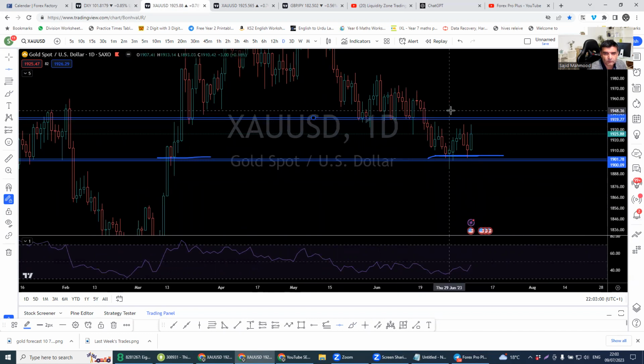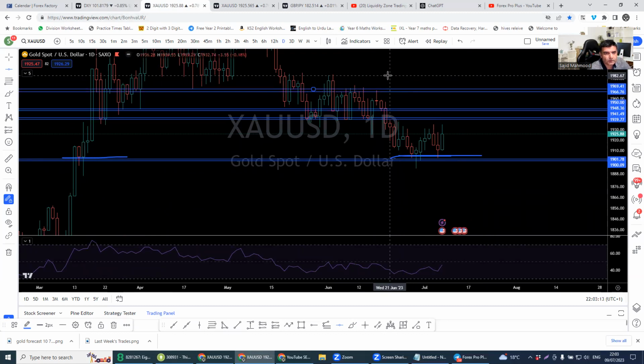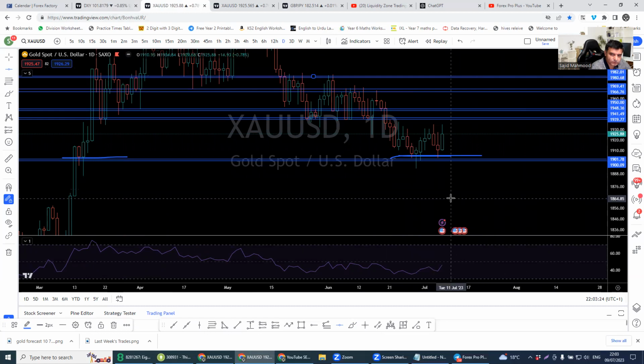If not, we can get further up to this level, around 1950, and then rejection, especially when the Dixie goes down. There can be several levels here. So our first target is this 1940, 1950, and onwards we have levels.